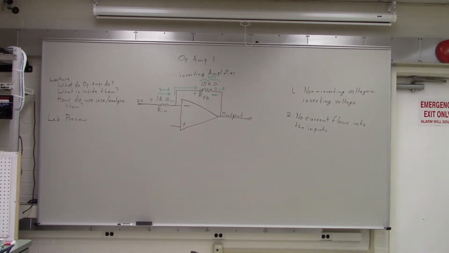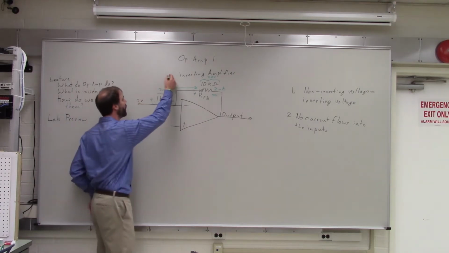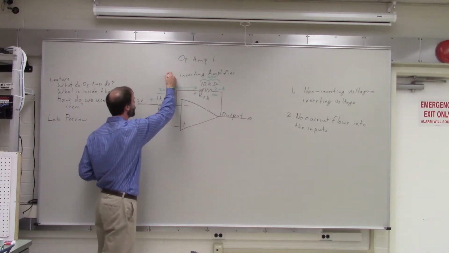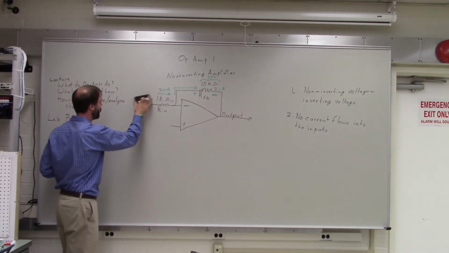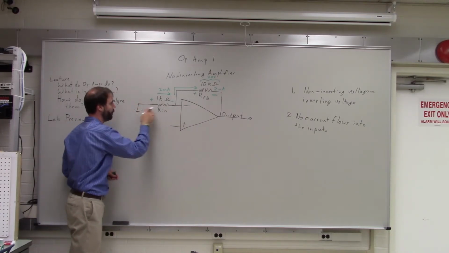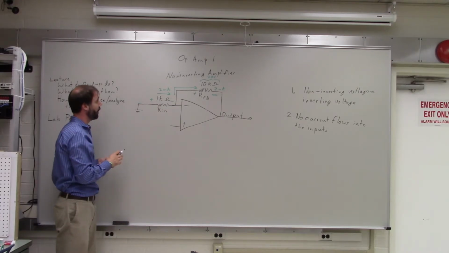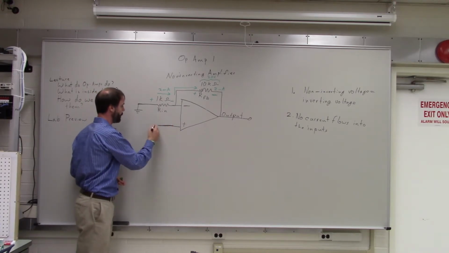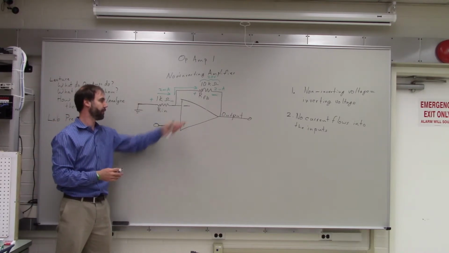So with the non-inverting amplifier, it's constructed in a similar way, but the inverting input now goes to ground through a resistor, and then the input to the circuit comes from the non-inverting input to the op-amp.